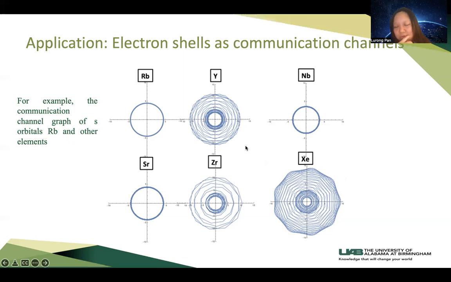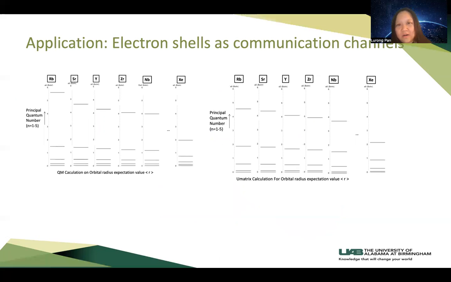But this is a bit abstract. So then we take the absolute number of the outer shell, the valence shell electron, and get their expected value of the radius, which means the outermost shell radius would reflect the size of this atom.